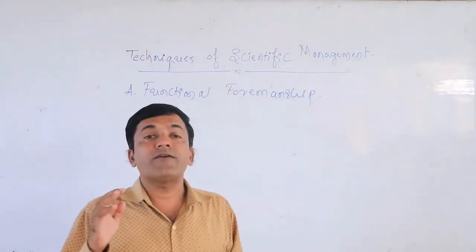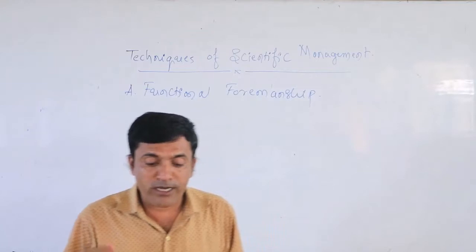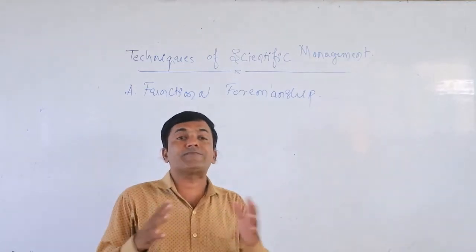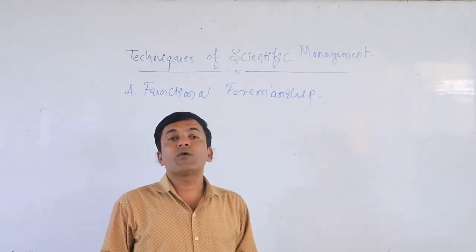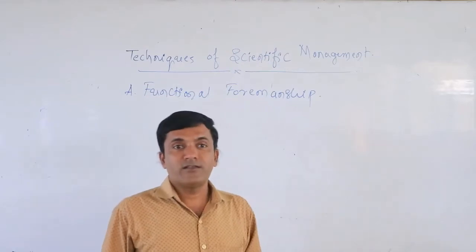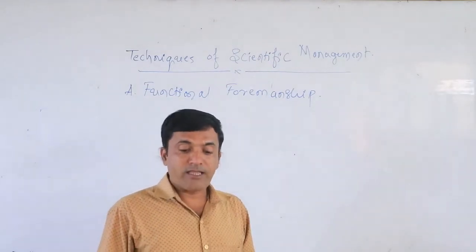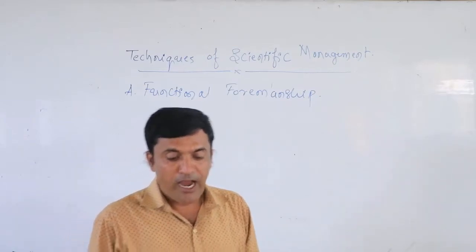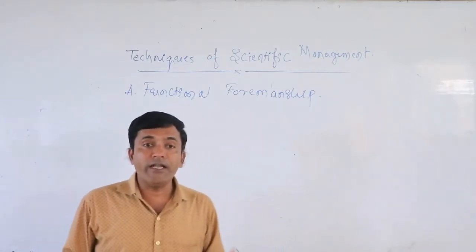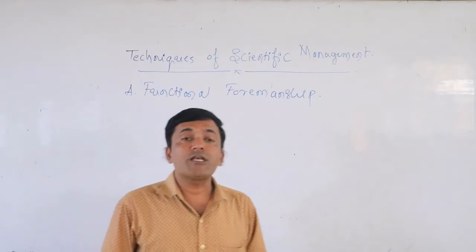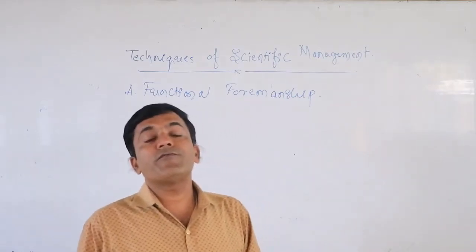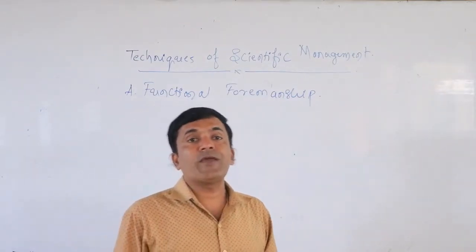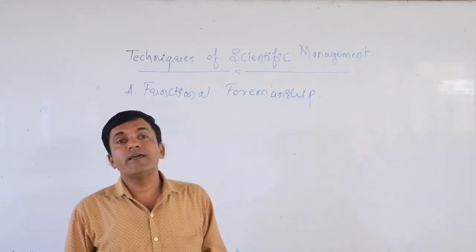So under this heading, functional foremanship, supervision is to be the first point, that is, supervision is to be divided into several specialized functions, and each function to be entrusted to a special foreman. So the specializations are to be conducted in the supervisory.